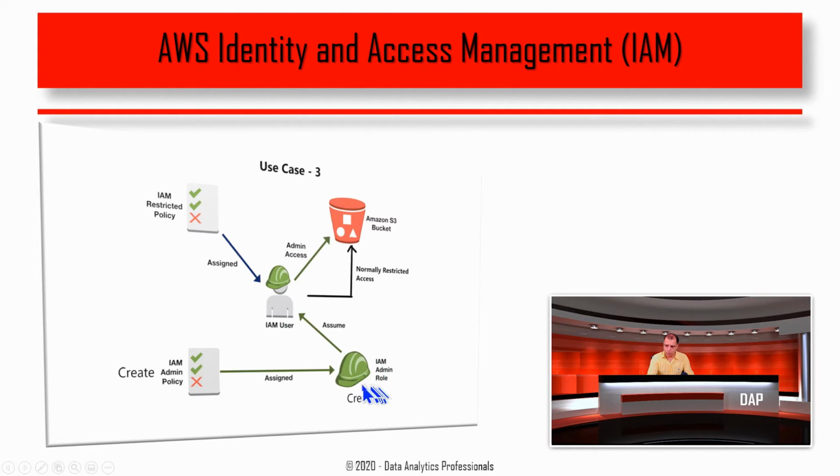An IAM admin role is created, then the new policy is attached to this role, and then this role could be given to this new user. Using this role he can get access to the Amazon S3 bucket. This is a use of how you can use IAM roles to perform certain tasks which are not normally performed by a user.